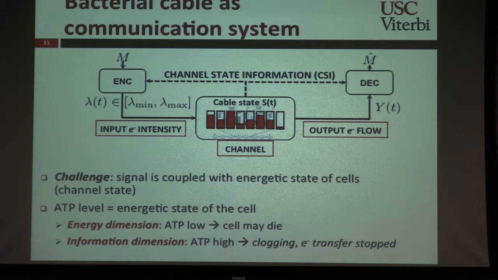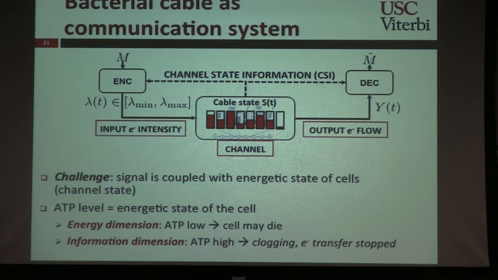And so this is now, again, like I said, the big abstraction that we're going to do, which is that I'm going to think of my input as an encoder, and I have a decoder on the other side. I'm going to aggregate all of the bugs together to be my channel. So my cable contains everything in here.